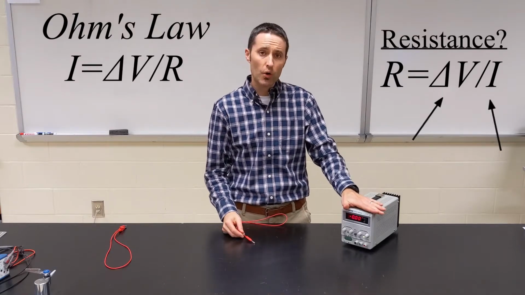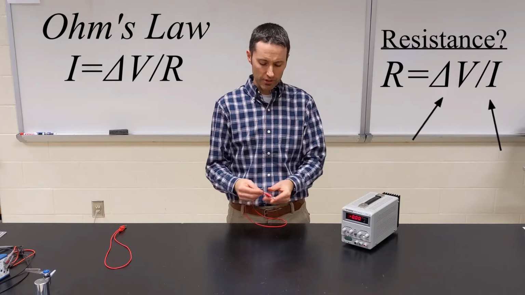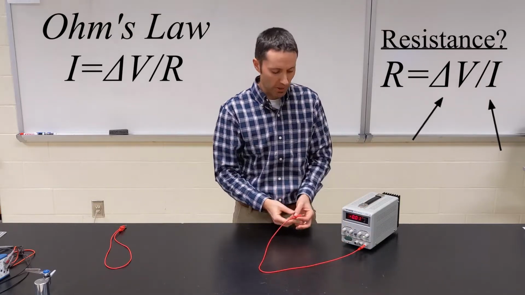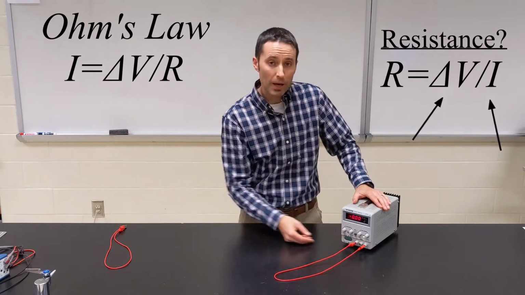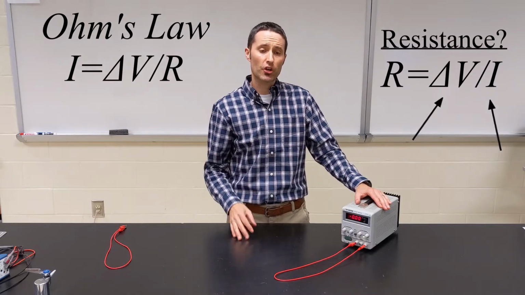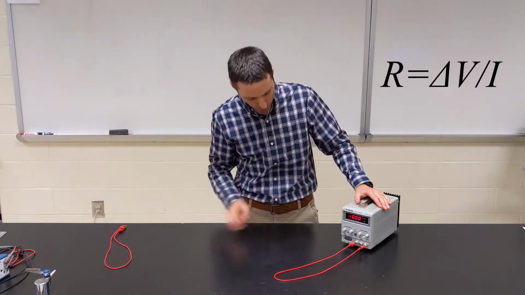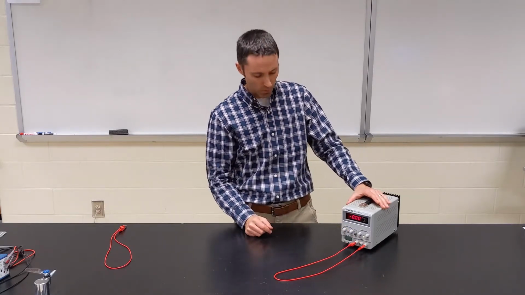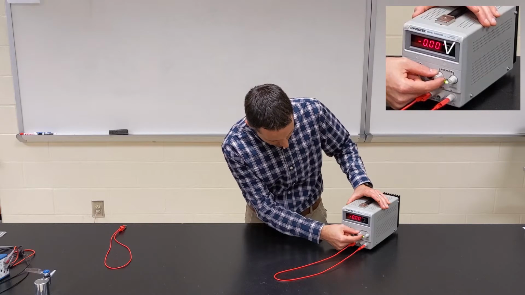We can put a known potential difference across our wire, hooking one side to the red side and the other to the black side, and this power supply will also allow us to measure the current which actually travels through the wire. Right now there's a 0 volt potential difference across both sides of our wire, and I'm going to increase the voltage to about 0.15 volts.